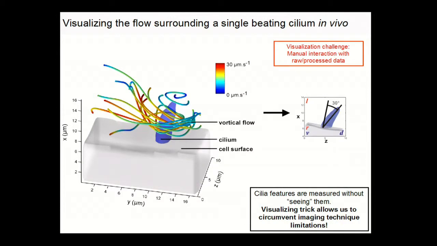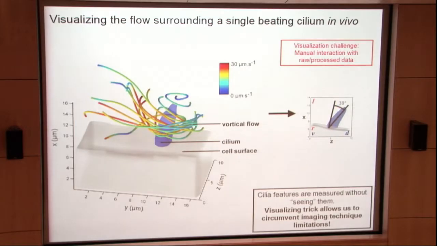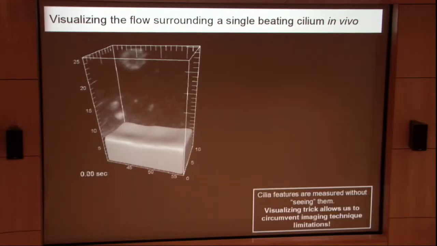So I wanted to show you this because visualization was really critical in this case to overcome the imaging technique limitation. We couldn't see the cilia themselves, but we could image the flow surrounding it, we could display it, and we could interact with data to reconstruct the position of the cilia and make some measurements.